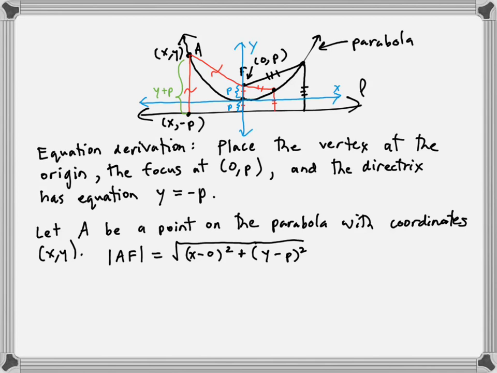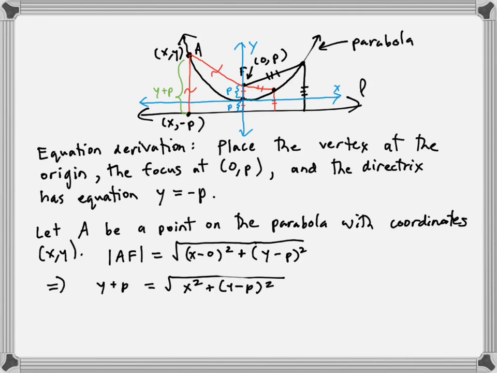So this is the distance. Because the two distances have to match, this means that y plus p is equal to the square root of x squared plus y minus p squared.